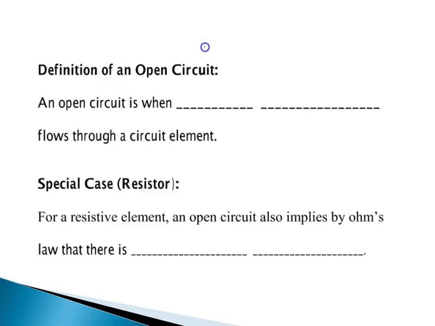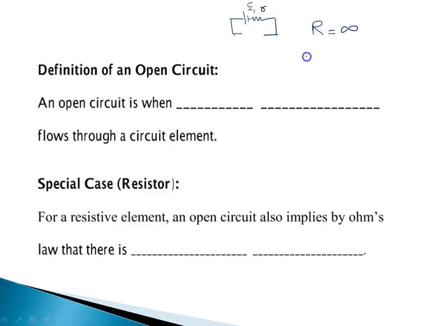Open circuit, again I will explain. This is a battery. Why am I telling you again and again? Please strengthen it so you will not make any mistake. It is an open circuit. What is the value of the external resistance in this situation?